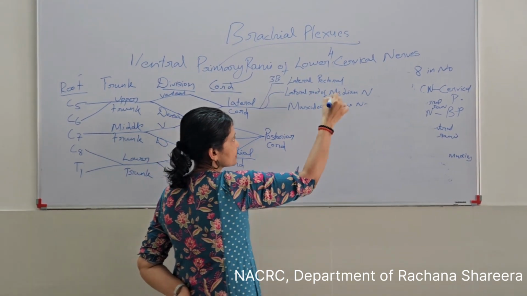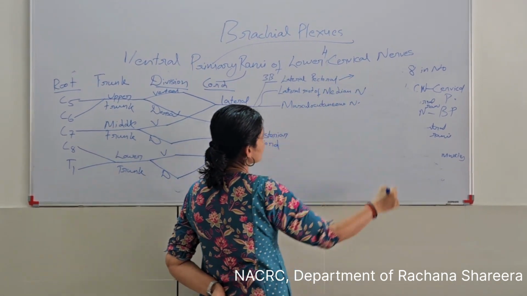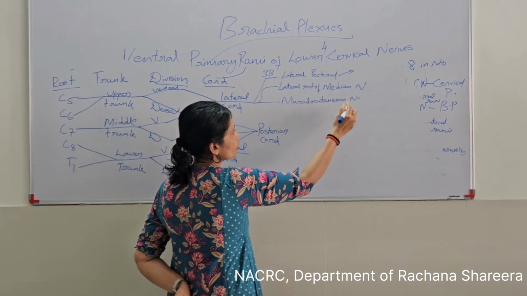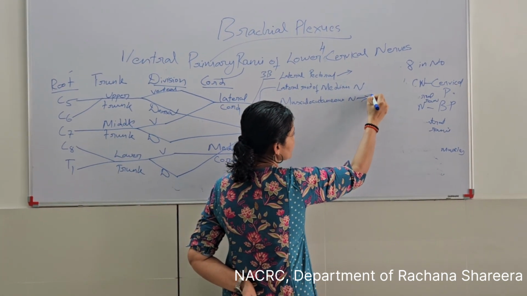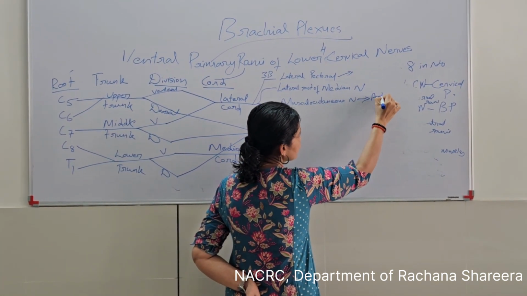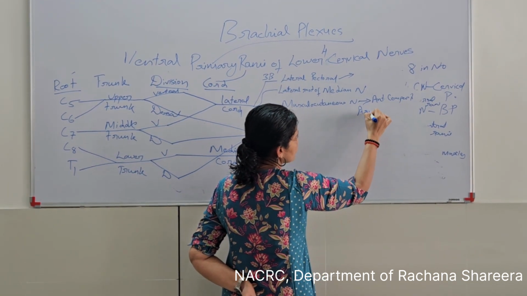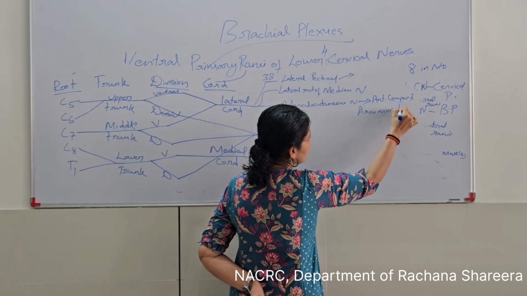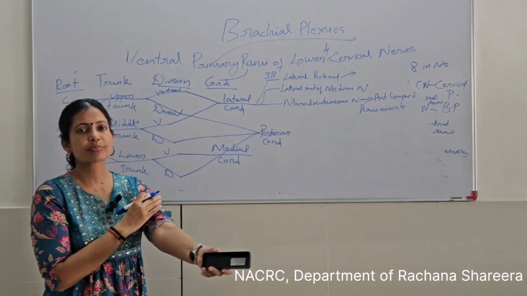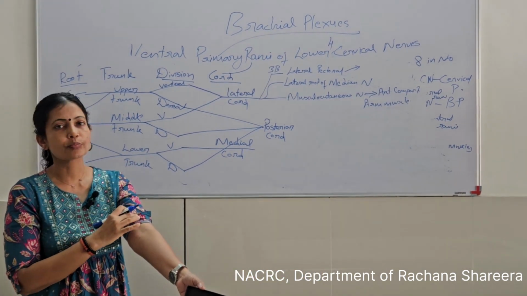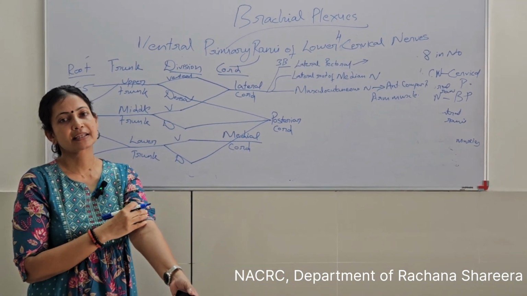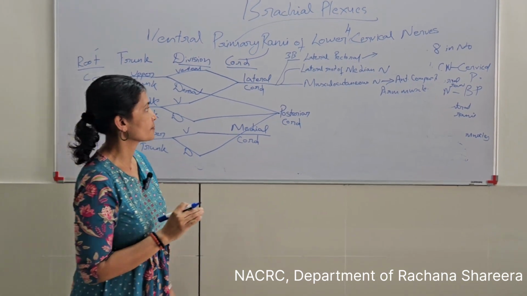So this pectoral nerve supplies the pectoral muscles. Musculocutaneous nerve supplies the anterior compartment arm muscles. So in that come the biceps brachii, then coracobrachialis and brachialis muscle, three muscles.